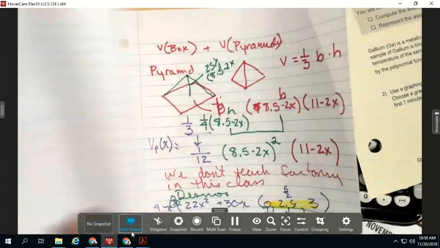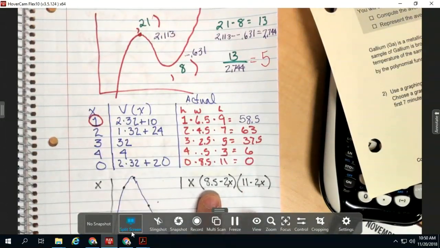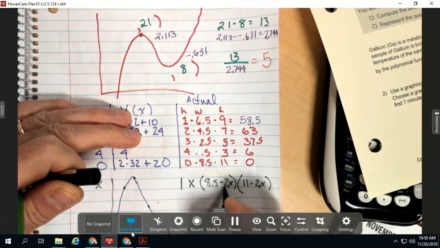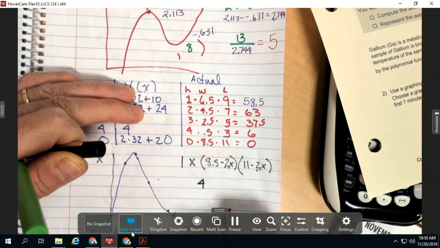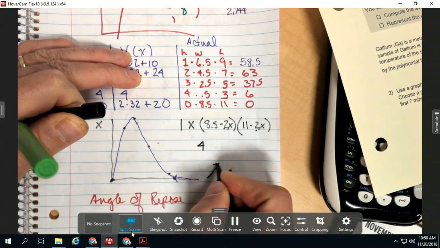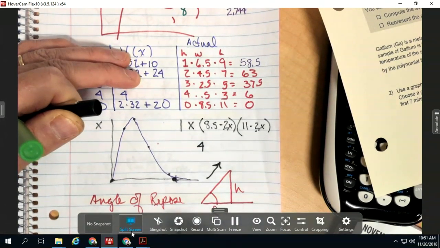Let's look back at the ones that we had before. This one right here. Leading coefficient here, well, -2 times -2 is +4. So eventually this graph is going to be going up. We only went down to this spot right here, but eventually it's going to be going up.